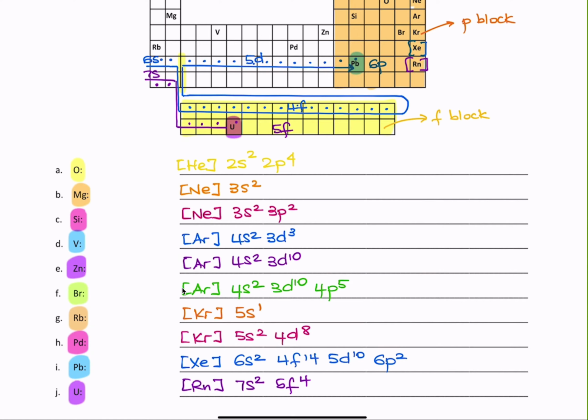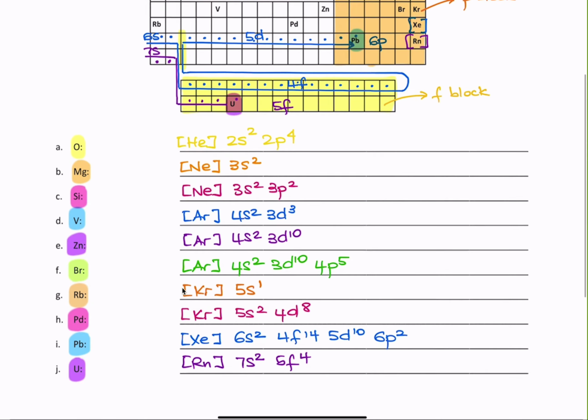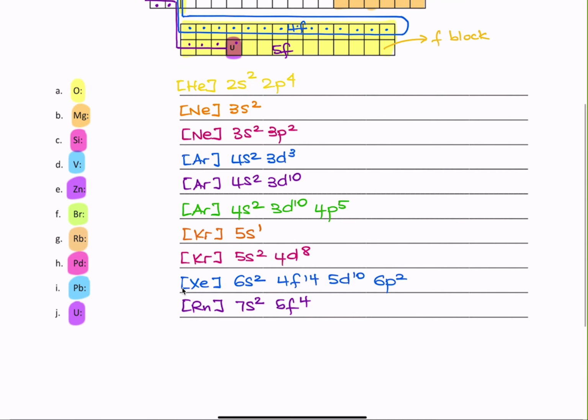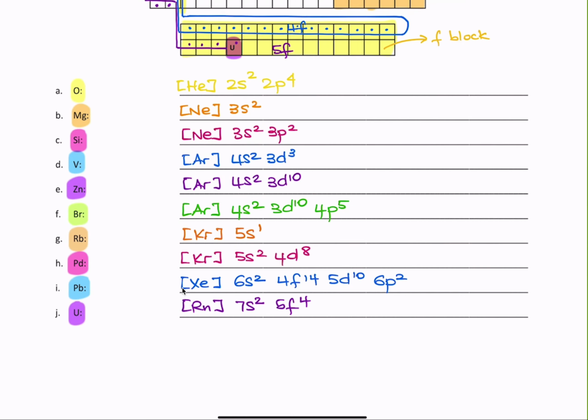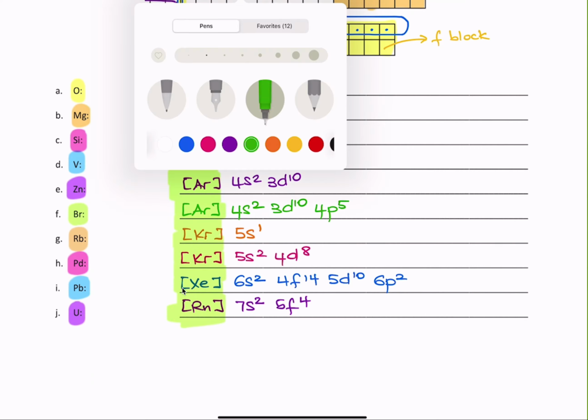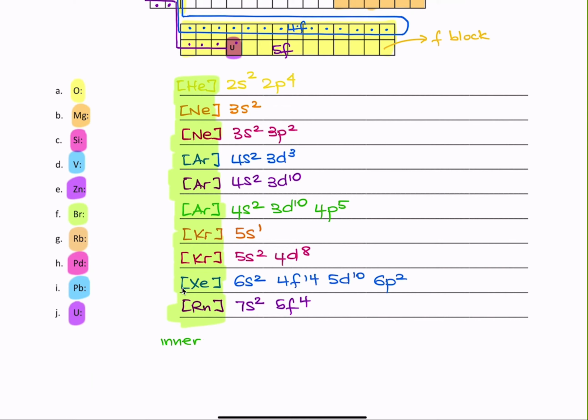What you might have to do here is to identify the inner electrons and the outer electrons. So if we want to identify first the inner electrons, well, it's fairly easy. Those are your inner electrons. In noble gas notation, the brackets represent the inner electrons.